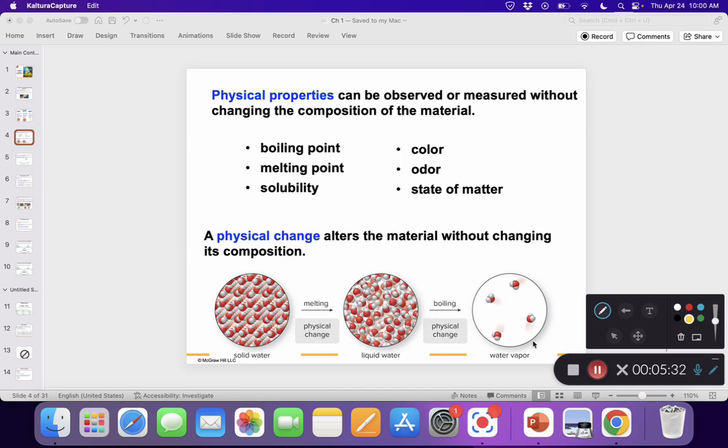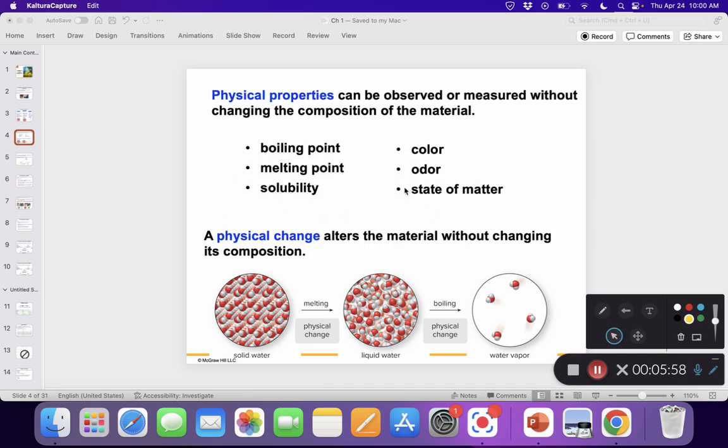Like liquid water, you can convert it into gas, steam or water vapor, by boiling it. Properties like boiling point, melting point, and solubility we call physical properties. If there is a change in color or in the phases of matter, these are all physical changes.